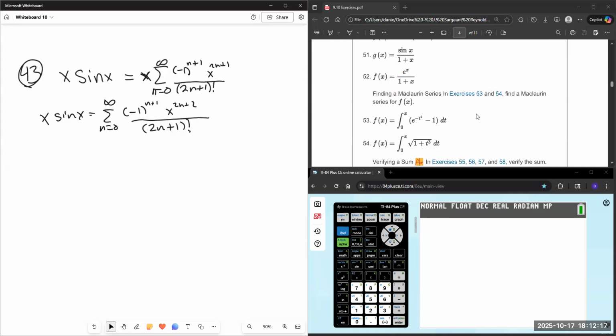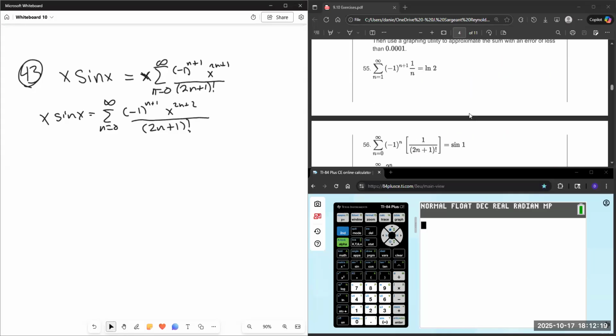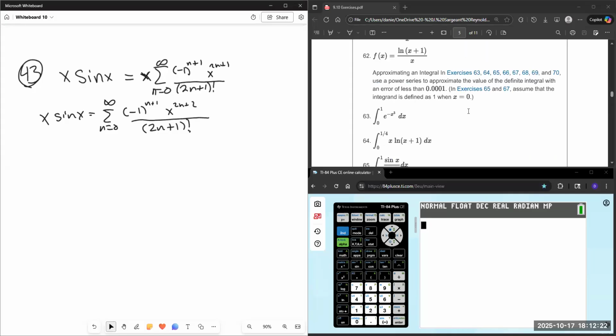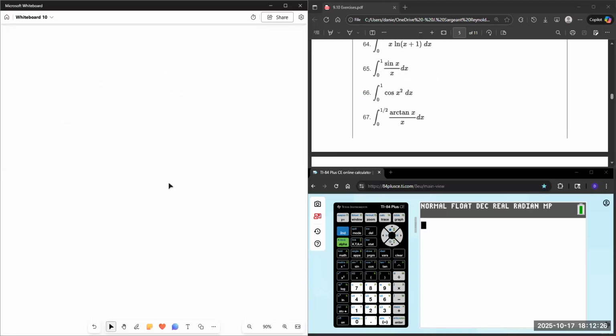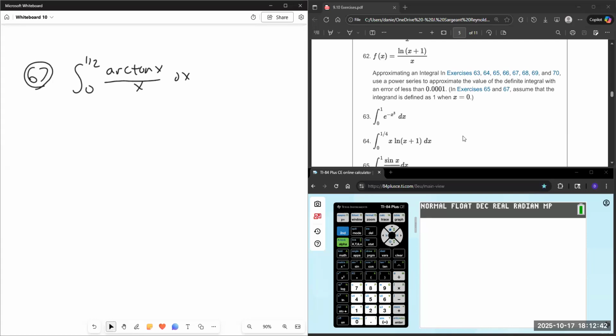Let's look at number 67. I believe we'll wrap up with this. Yes, we will. I will need the calculator for this one, so get your calculator ready. 67 gives me some special instructions here, so I'll go back and read those. It says that we want to use power series to approximate the value of the definite integral with an error less than 1/10,000th.